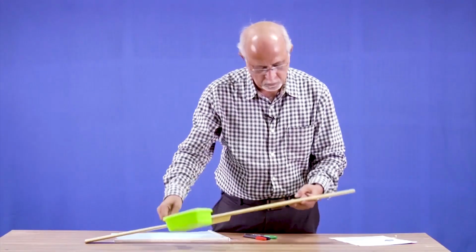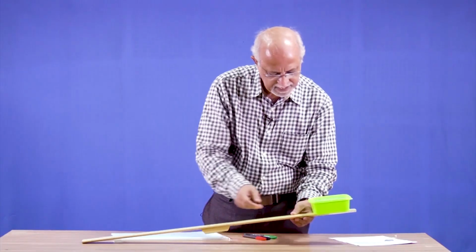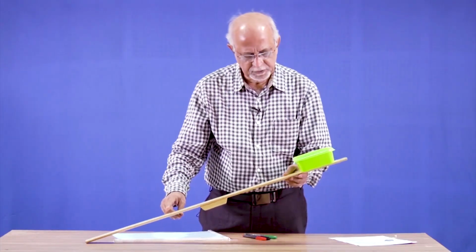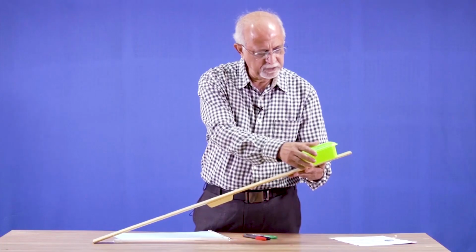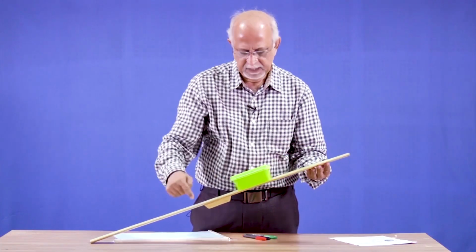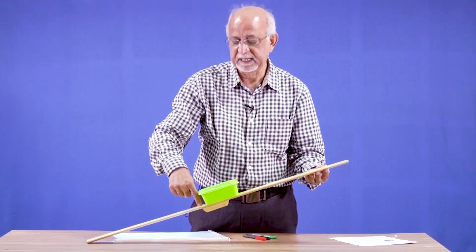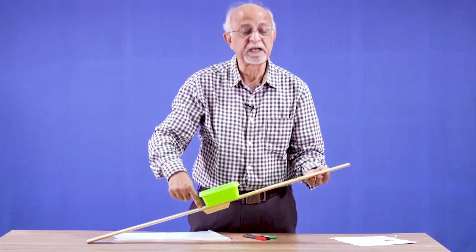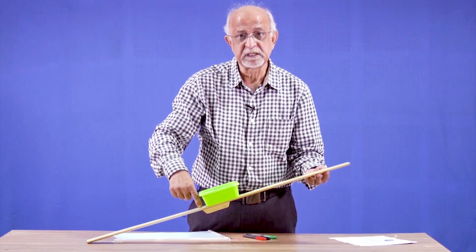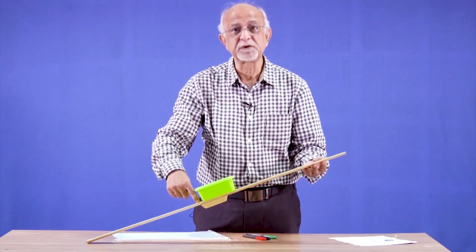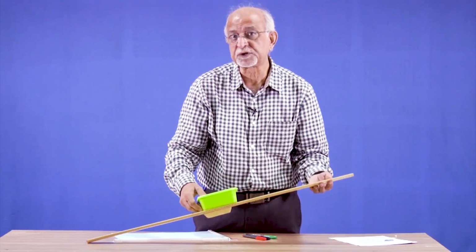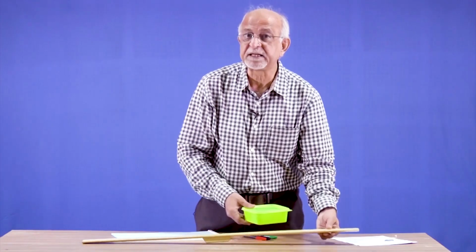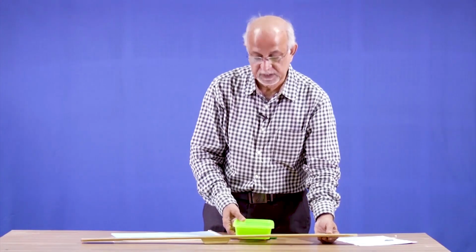Now, when it is being pulled along this plane, we can apply a force against its motion and can make it stop. But this force I have applied is a contact force, whereas the force that was pulling it down was the force of gravity, and that was a non-contact force.